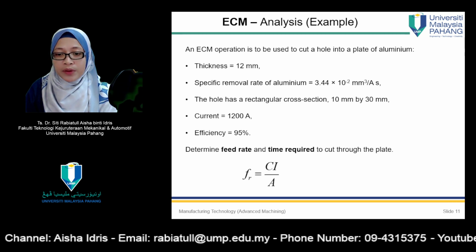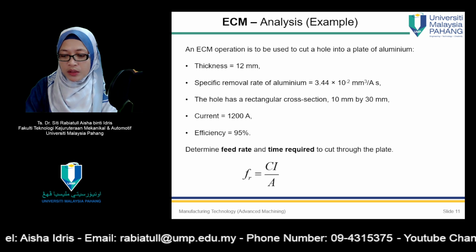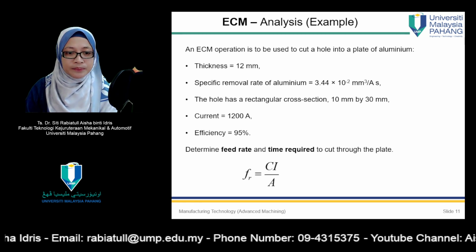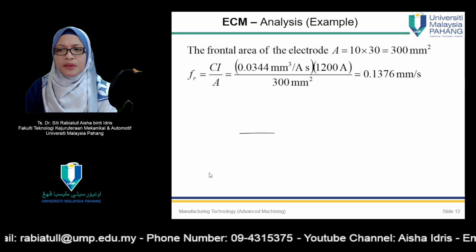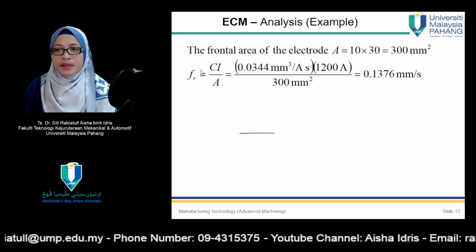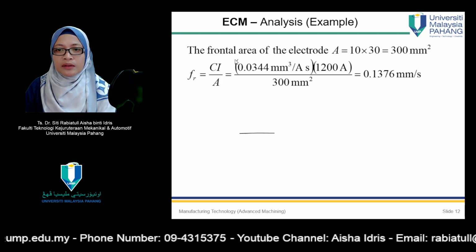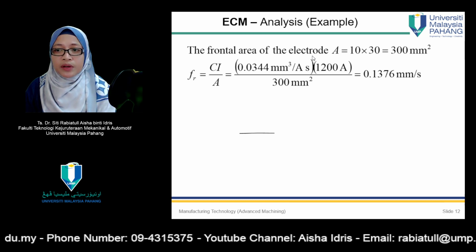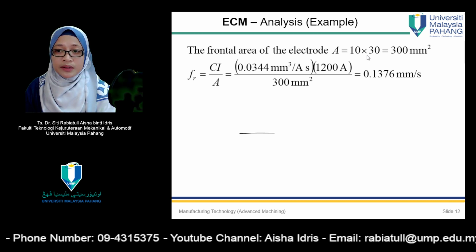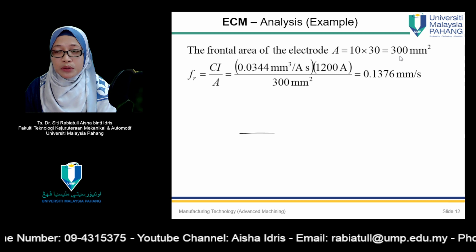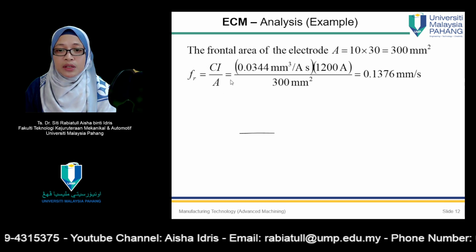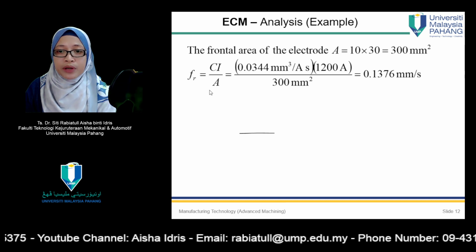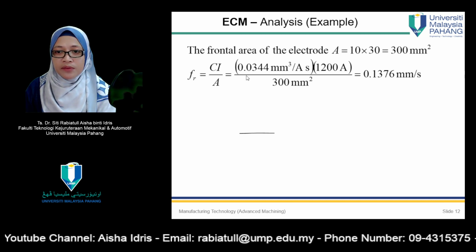So the feed rate can use this formula as well as time required. First thing is, we know that the frontal area of electrode is given, which is A equals 10 times 30, so equals 300 mm square. And we just substitute into this formula for feed rate. C is given just now.